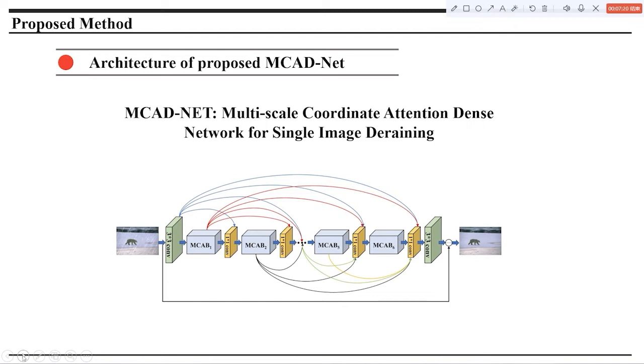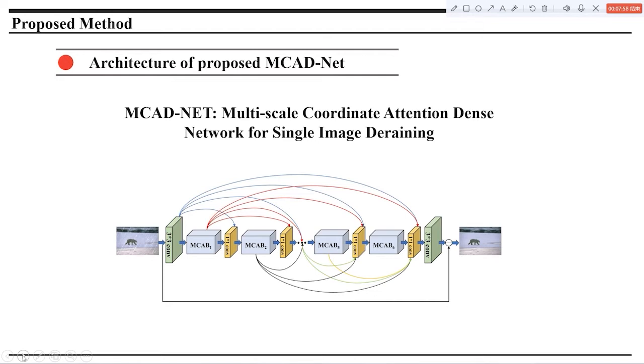The multiscalar coordinate attention block (MCAB) is introduced to better unify multiscalar information and feature attention for improving rain feature representation capability, combining the features of different scalars and layers. The multiscalar manner is an efficient way to capture various rain streaks, especially in heavy rain conditions.